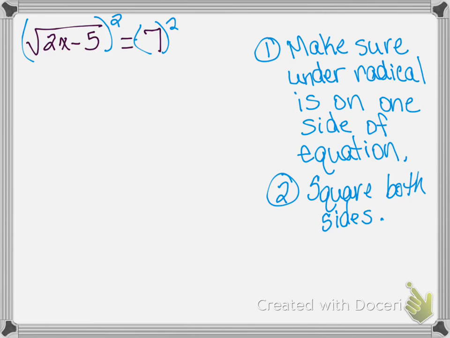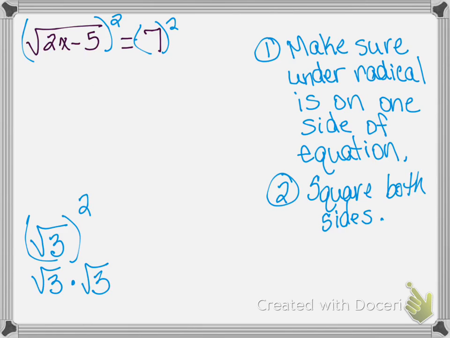Now, if I've got the square root of 3 squared, what that means is the square root of 3 times the square root of 3. What is that? What's the square root of 3 times the square root of 3? 9. Is it 9 or is it the square root of 9? It's the square root of 9. And what's the square root of 9? 3.